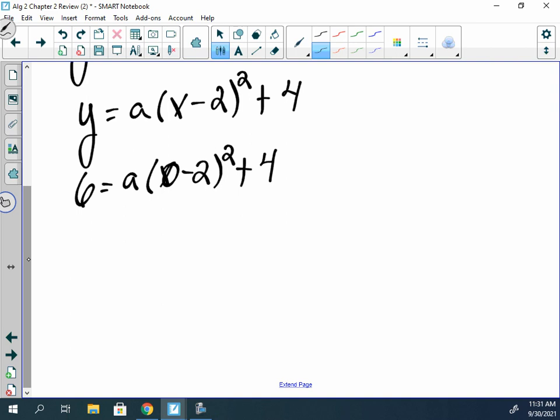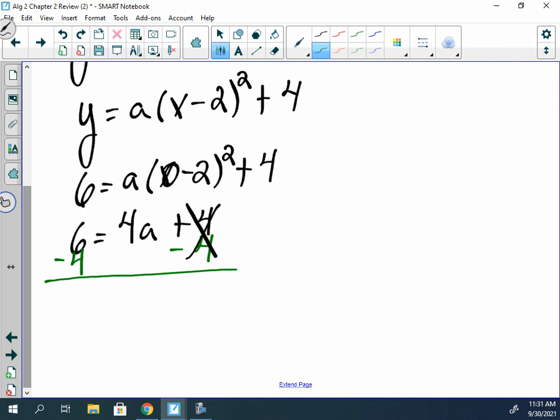Now at this point here, we can solve for the value of a. Well, 0 minus 2, -2 squared is 4. Now at this point here, we can subtract 4 from both sides. The 4 minus 4 will cancel out, and 6 minus 4 is 2.